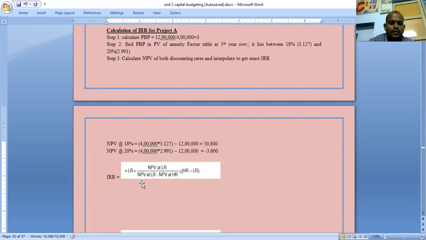We have to substitute the values. Lower rate is 18% plus NPV at lower rate 50,800 divided by NPV at lower rate minus NPV at higher rate. So minus 3,600, into higher rate minus lower rate, that is 20 minus 18.